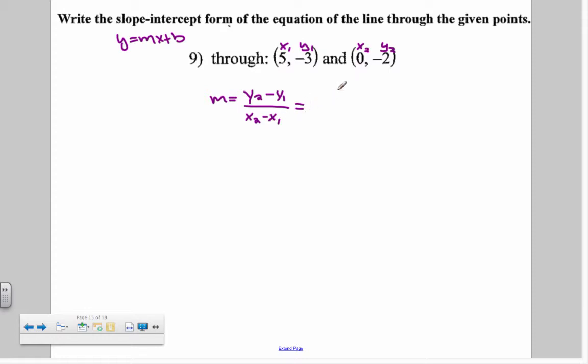So plugging in the values here, I have negative 2 is my y2 minus negative 3, which is my y1, over 0, my x2, minus 5, which is my x1. Now here I have negative 2 minus a negative 3. Well, minus minus becomes plus. So it becomes negative 2 plus 3, which is a positive 1. On the bottom, I'll have 0 minus 5, and that's a negative 5. So my slope is negative 1/5.